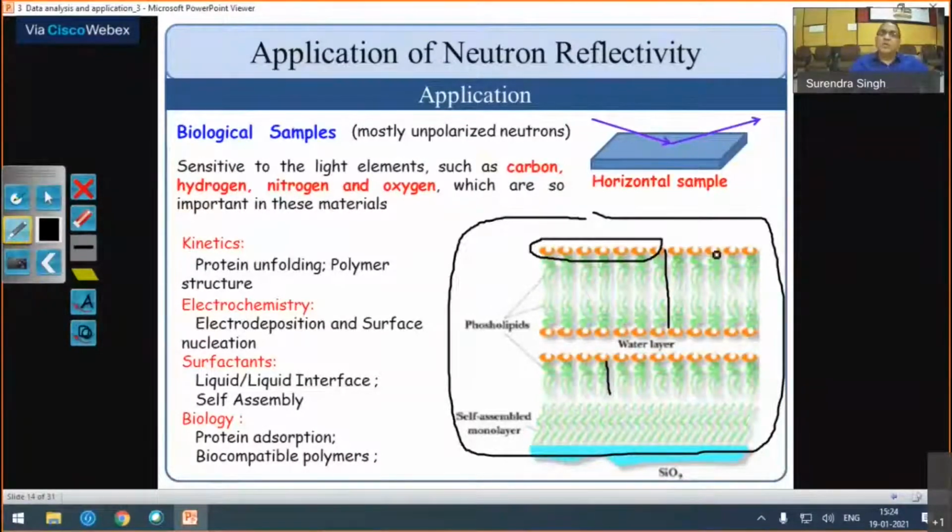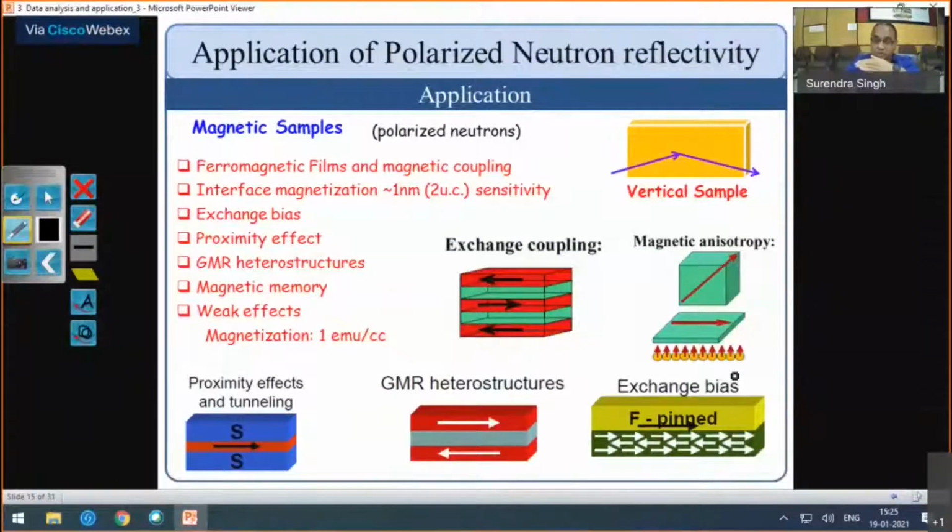In thin films and multilayers, there are many applications of phenomena like exchange coupling, when two ferromagnetic layers are coupled antiferromagnetically, when you separate them by some oxide or some layer. This has a special application in memory.